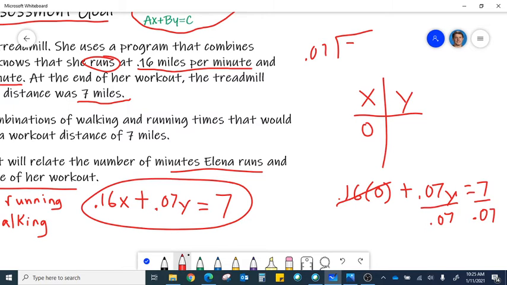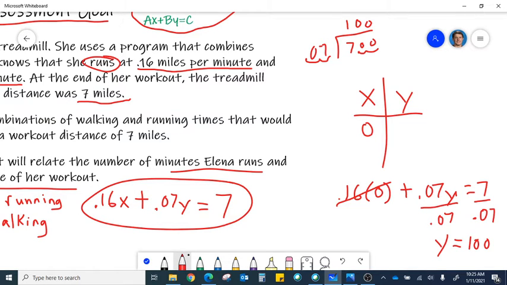Remember, when we are dividing by a decimal, we have to move the decimal point over. How many times does 7 go into 700? 7 goes into 7 one time, so 100. So y would equal 100.